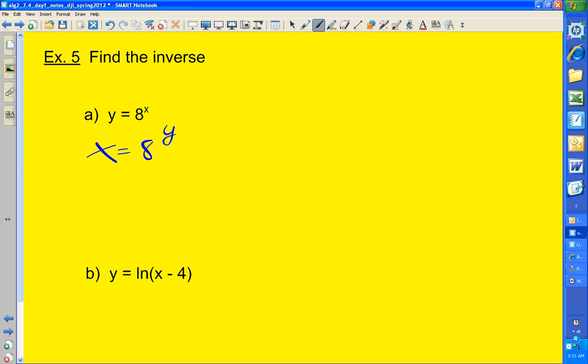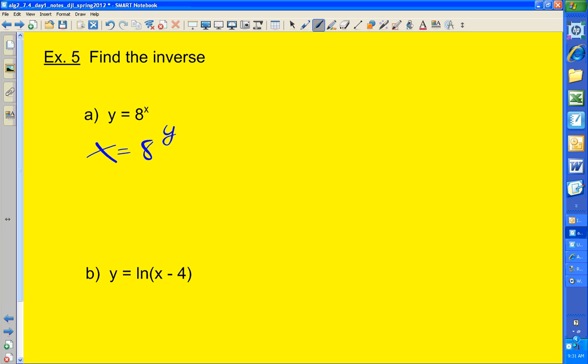Switch the x and y, and then solve for y. You can't y root both sides. What are we going to do? Use the definition of a log. We're going to press the button.